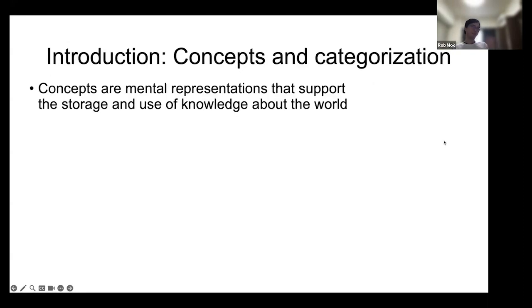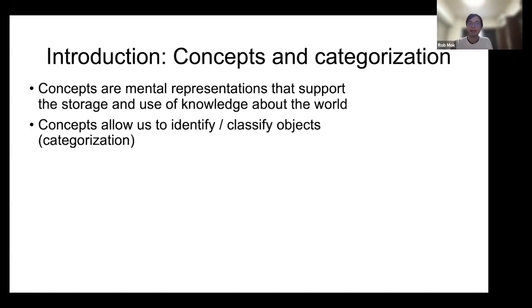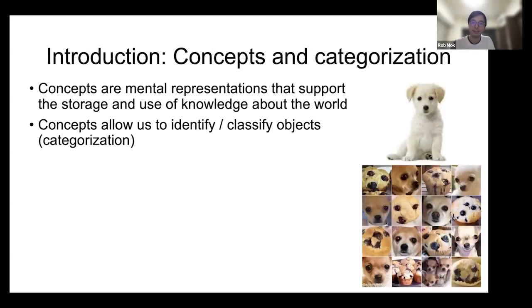Super basic: concepts are mental representations that allow the storage and use of knowledge about the world. They allow us to identify and classify objects. If I show you this, everyone sees that it's a dog. Many of you have seen this image, I'm sure. We're also very good at distinguishing between things.